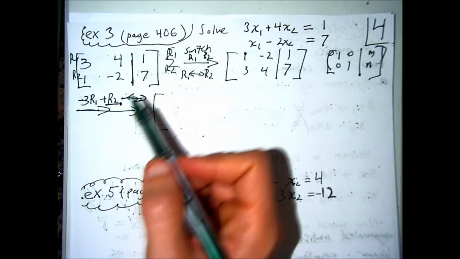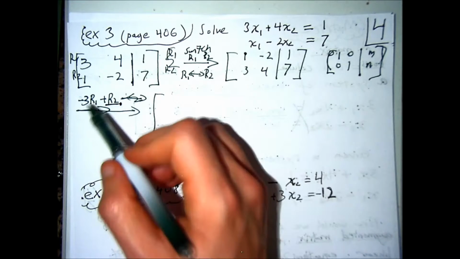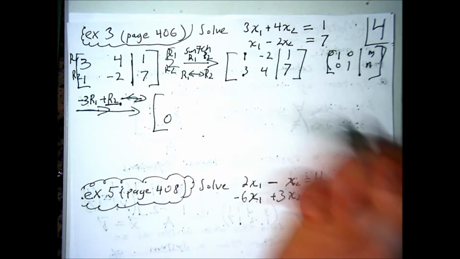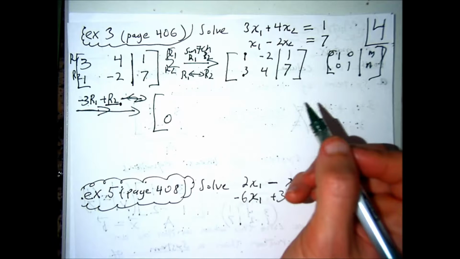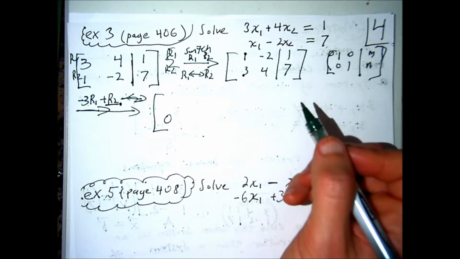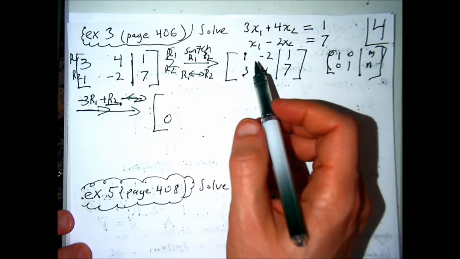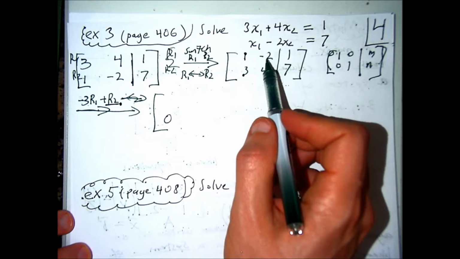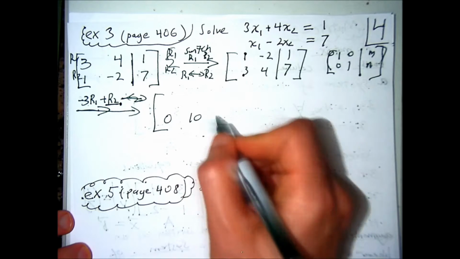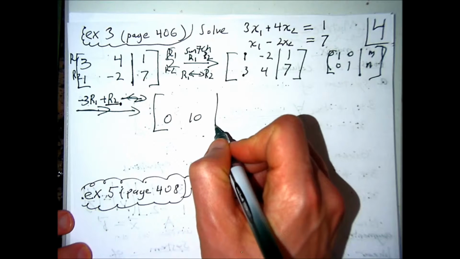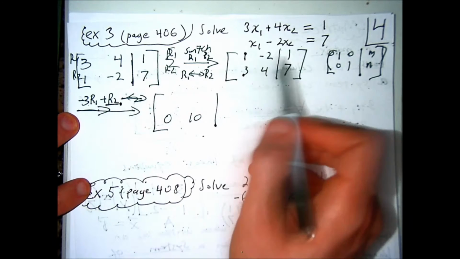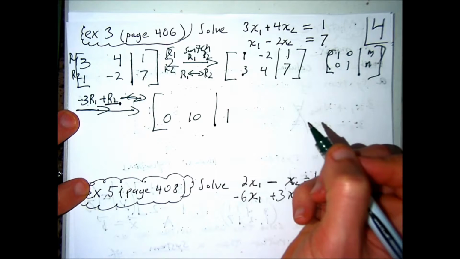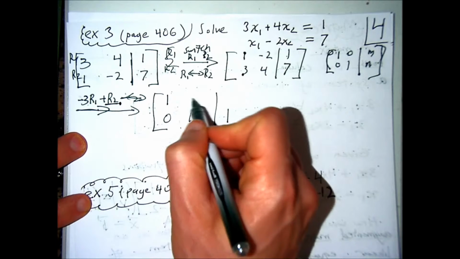So what I end up with is negative 3 times this number plus this number gives me 0. And then negative 3 times this number, which is positive 6, plus this number gives me 10. And then I have to do it to the whole row. So negative 3 times also this number plus this number gives me 1. And then I just copy down the first row.